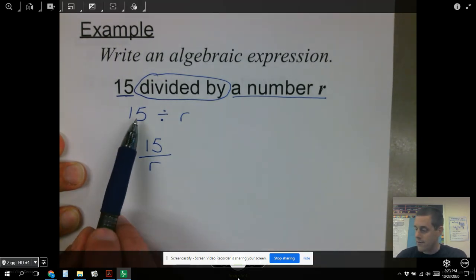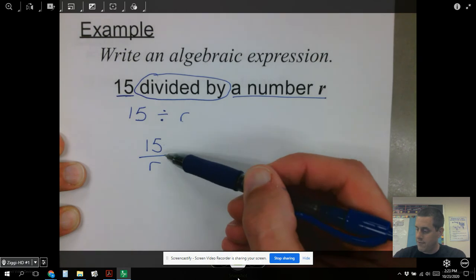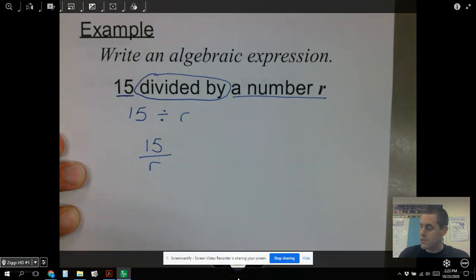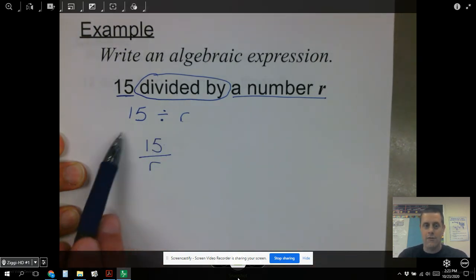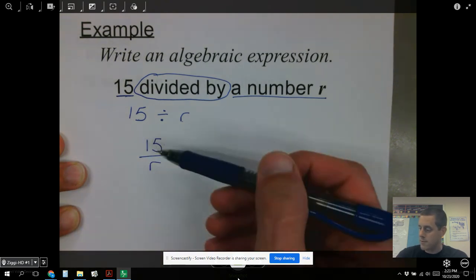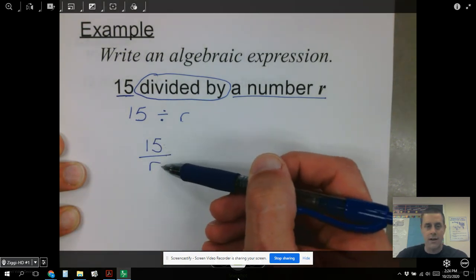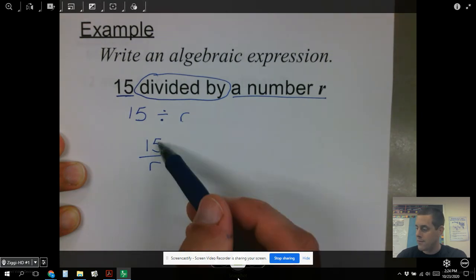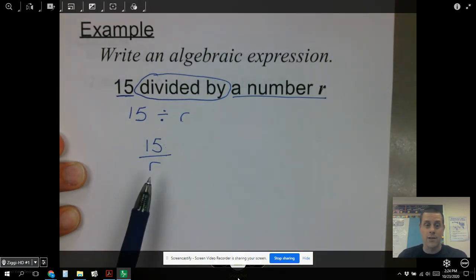Both of these are correct. What I would like you to try to do is start getting used to showing division as a fraction. The first number goes on top, and what you're dividing by, the divisor, will be your denominator on the bottom, 15 over r, because that is how you'll see division more often in my class, and especially once you get to high school mathematics.